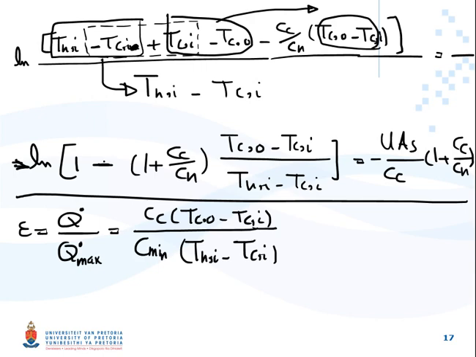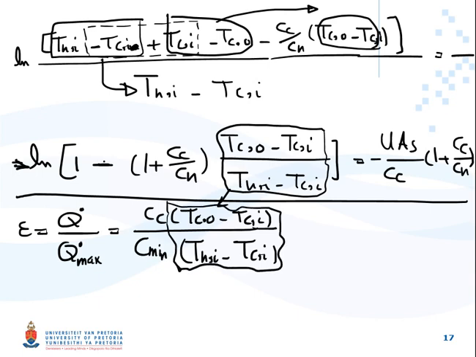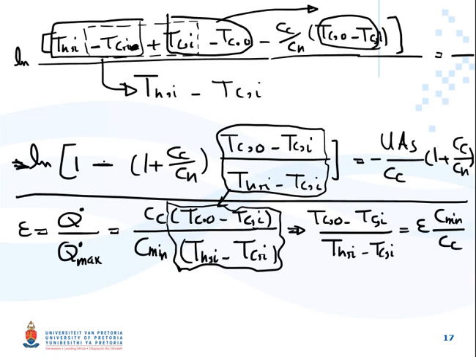Okay, so basically this looks very familiar here. It's this one, it's exactly the same, no? So then from here we can say that (Tco - Tci) divided by (Th,i - Tci) is equal to epsilon phi mean divided by cold.